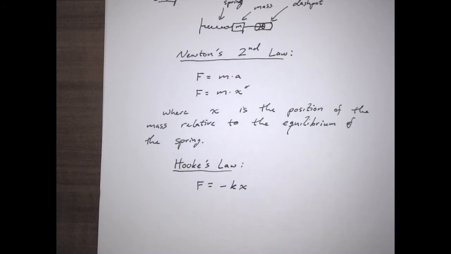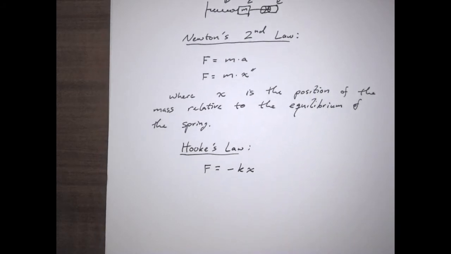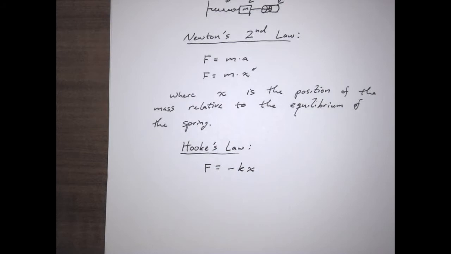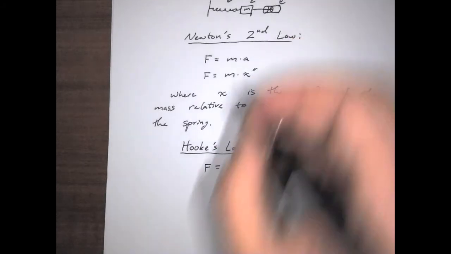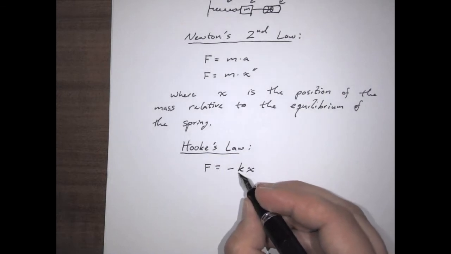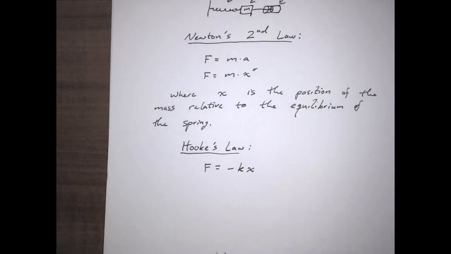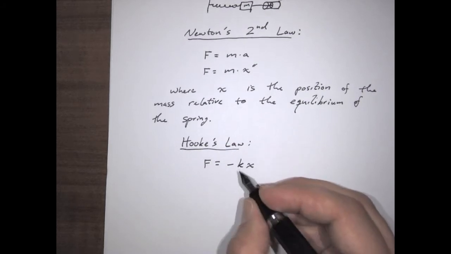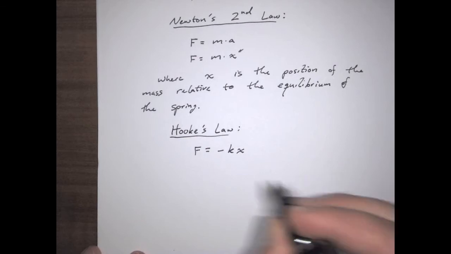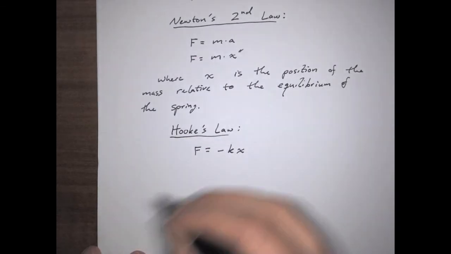And Hooke's law basically says that the force that a spring will exert on the mass, absent anything else, is going to be proportional, but negatively, to how far the mass has been stretched out from the rest spot of the spring, so the natural position of the spring.